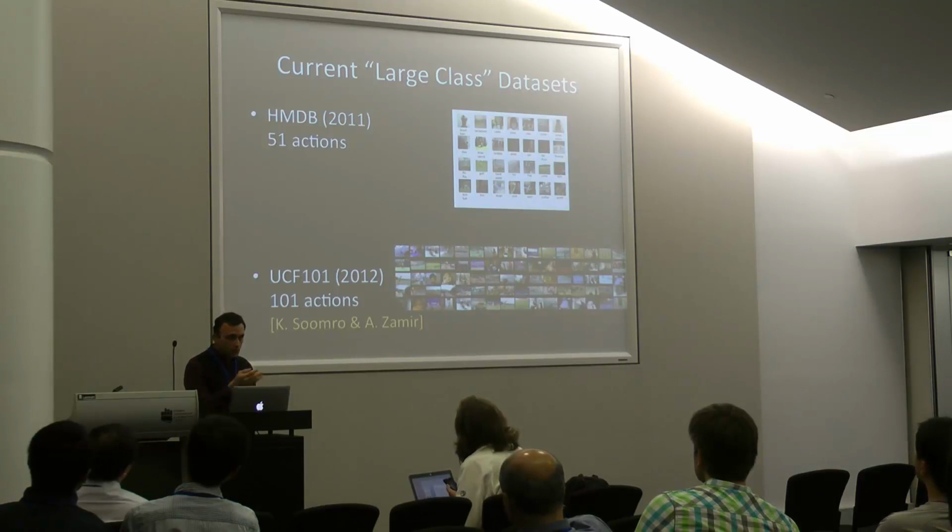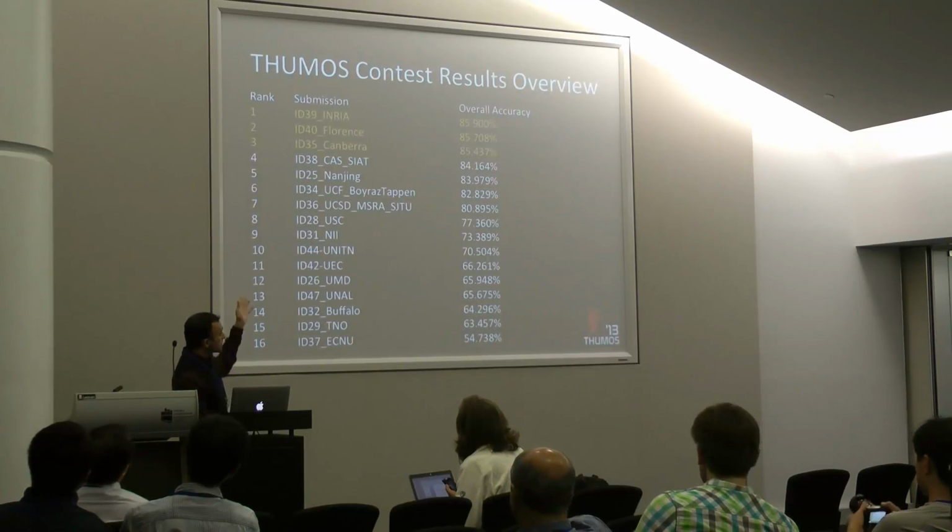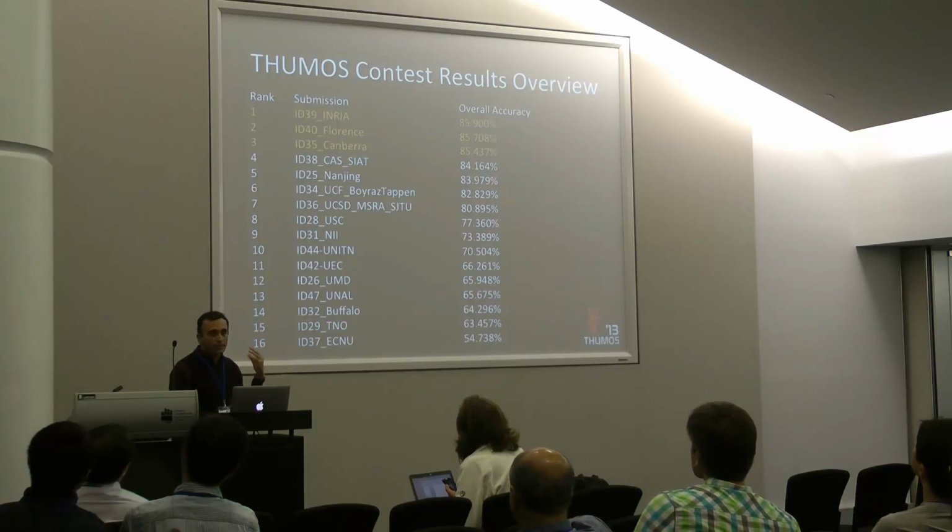And through the day, people will have talks that explain the various aspects of the contest. Right now, I just wanted to give people a quick overview. Aside from that, the baseline result for UCF 101 at the start of the contest was around 45%. But you can see that during the contest, people have really kicked in and achieved very, very high accuracies.